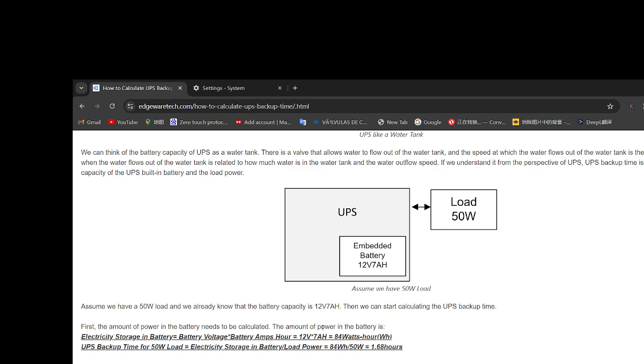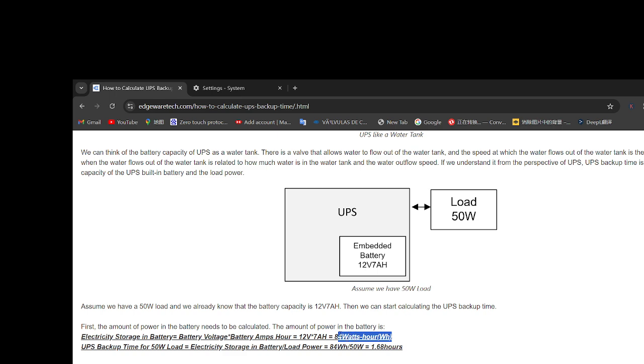So simply, whether it's a lithium battery or any battery, you find the voltage and the amp-hours and multiply them together, and it becomes watt-hours. That's the capacity of the battery. This is not very precise, but it is an easier way to get the number for calculating the UPS backup time. But it works.